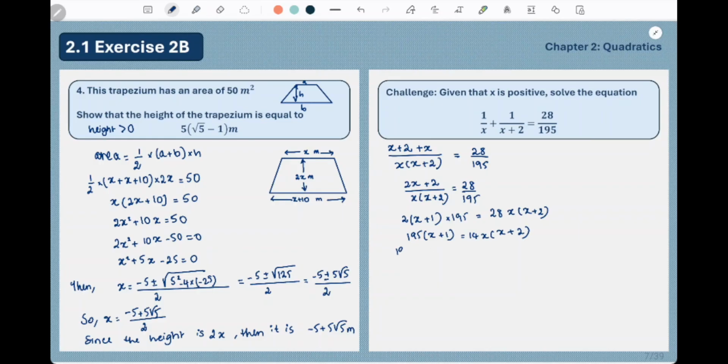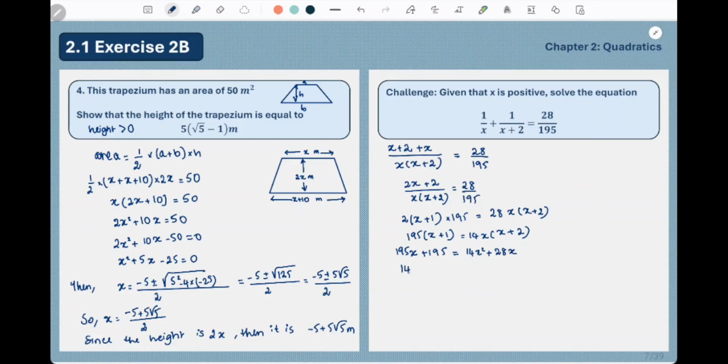So now it's time for expansion. 195x squared plus 195x equal 14x squared plus 28x.